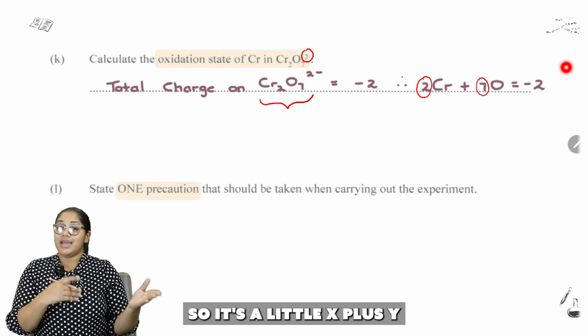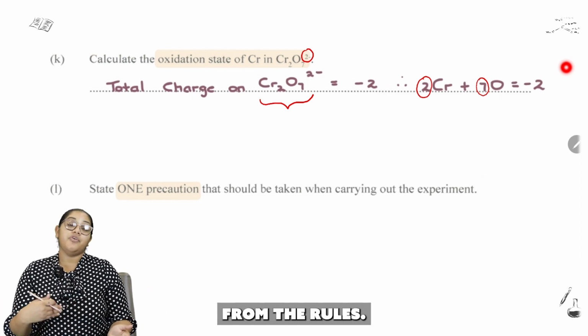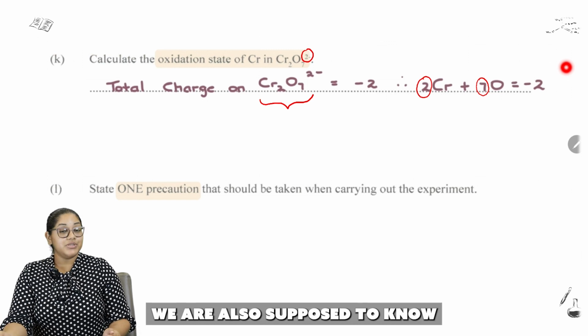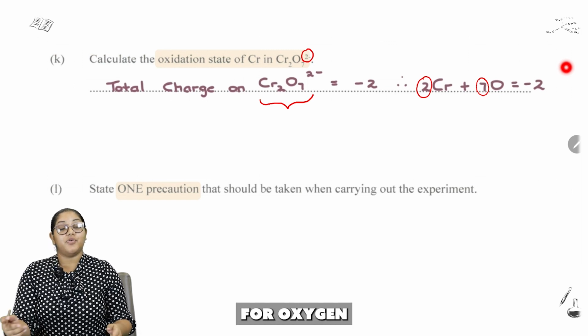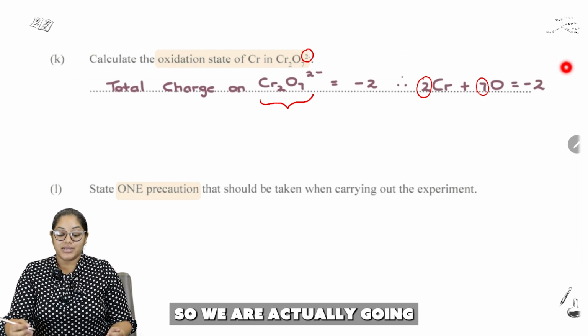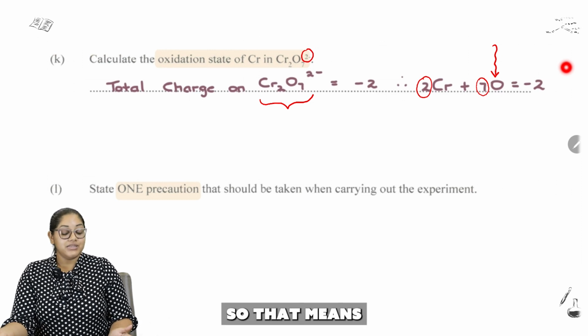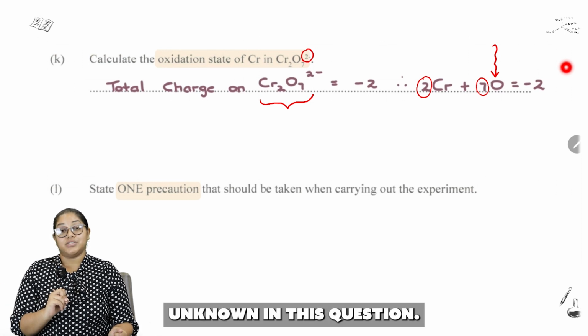So it's a little x plus y, and we want to solve for the unknown. From the rules, we are also supposed to know that the oxidation state for oxygen is going to be minus 2. So we are actually going to insert that information here. So that means we only have one unknown in this question.